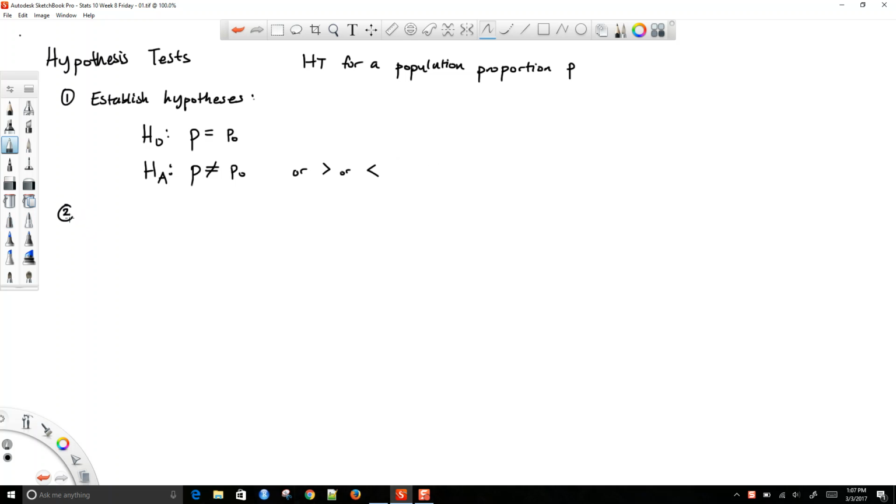And then the second step was to check your conditions. We called this our preparation step. And this was checking conditions and selecting a significance level alpha.